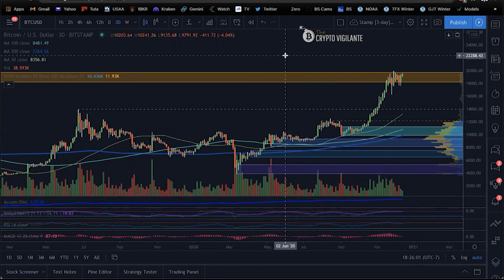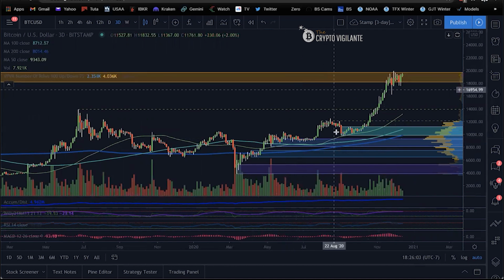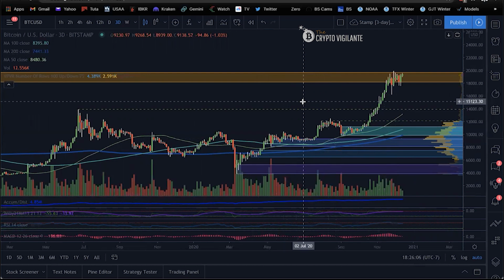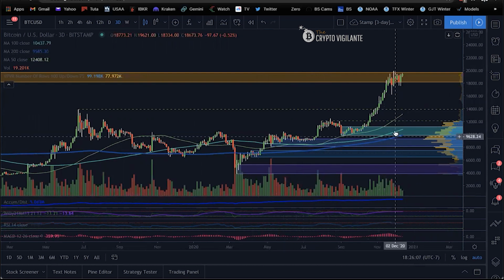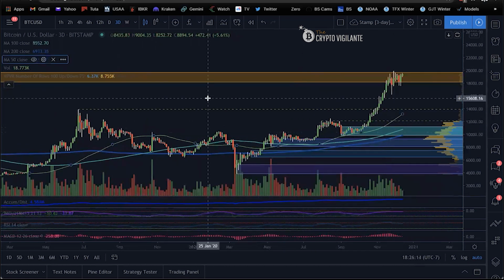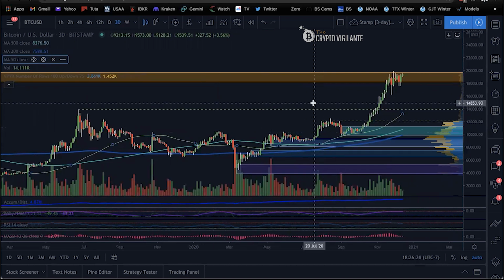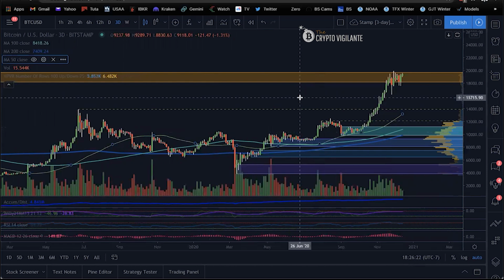Okay, so next, we'll talk about moving averages, which we use in pretty much every section. Here's what those are. These three lines: 200 SMA here, 100 here, 50 here. Those are just standard moving averages, simple moving averages, not exponential moving averages.